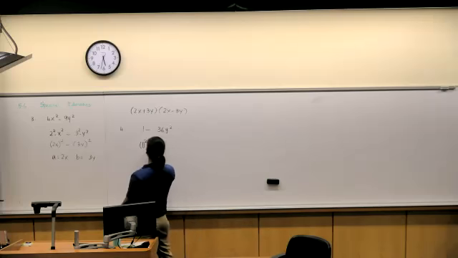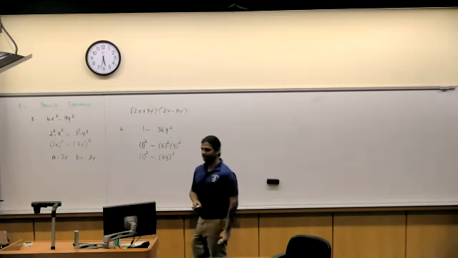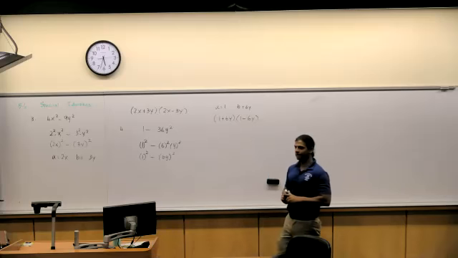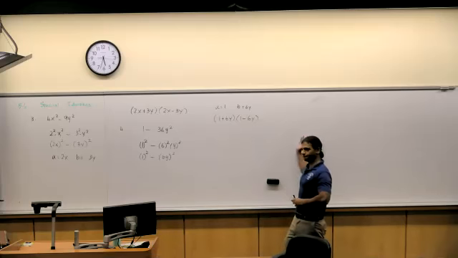The powers are identical, so I can combine the 6 and the y. What is a? 1. What is b? 6y. So what does the formula state? 1 plus 6y times 1 minus 6y. a plus b times a minus b. Good.